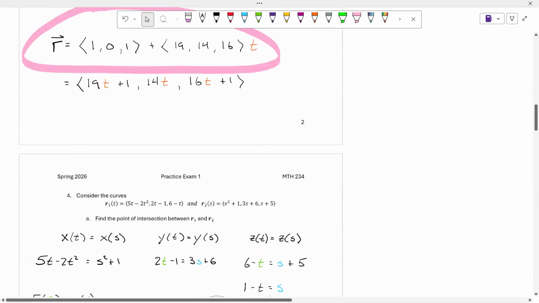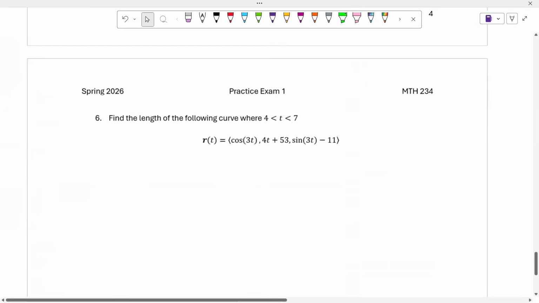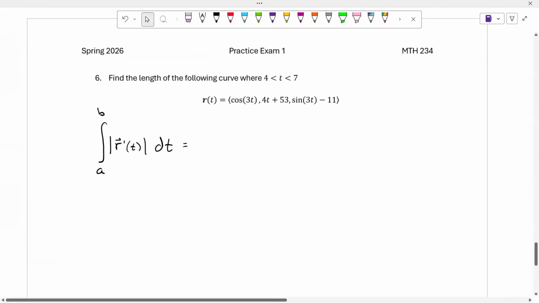Since I've got that formula right there, I'll just transpose it down to the problem that I care about, which is going to be, again, the integral from a to b of the magnitude of r prime of t dt, which in our case is going to look like something.